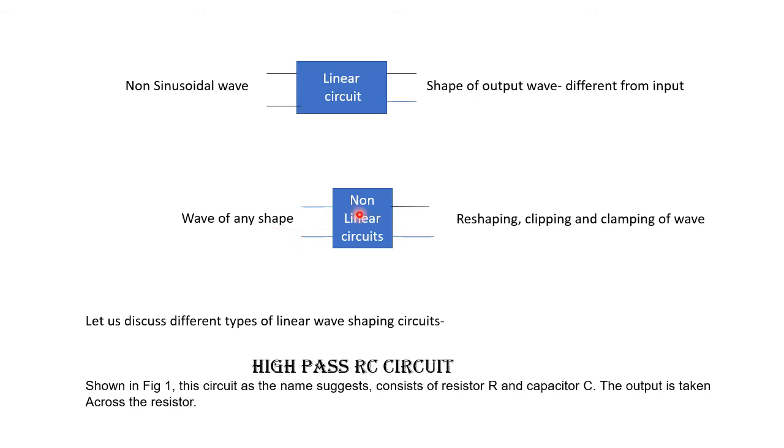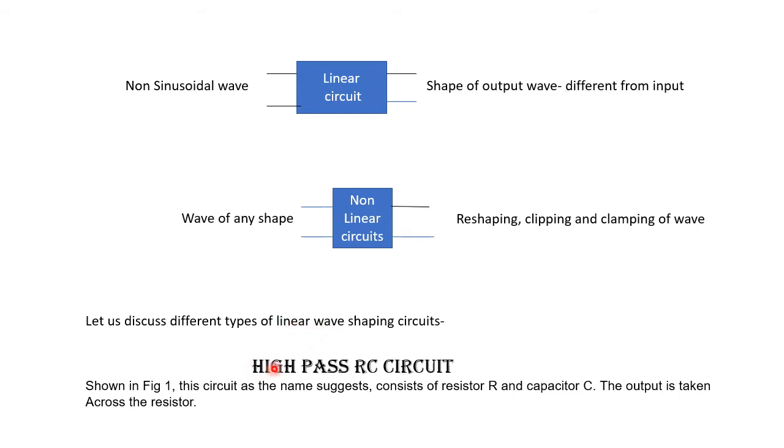So this is the difference between the wave shaping of a linear circuit and the wave shaping of a non-linear circuit. Now we will concentrate upon the wave shaping by linear circuits.